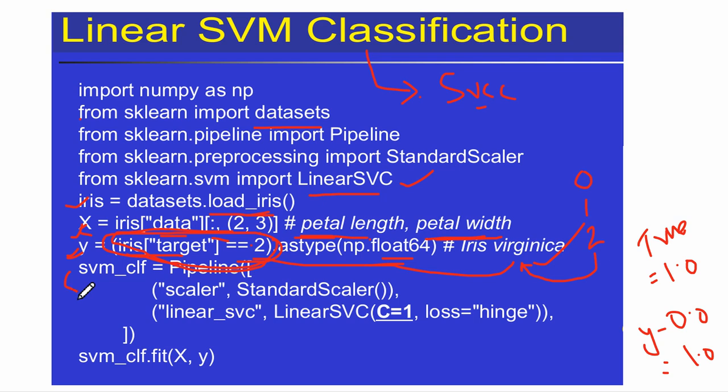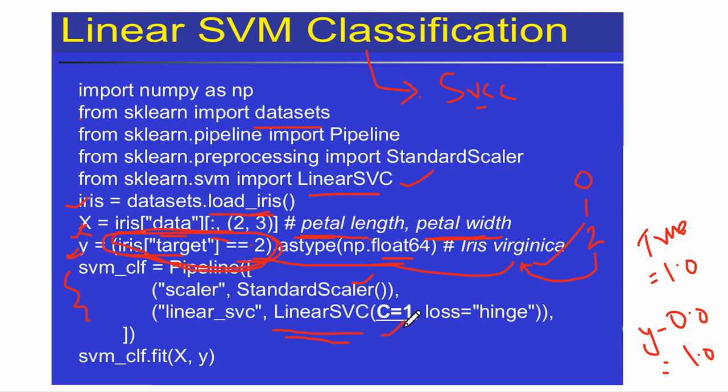Now here I am creating one pipeline. In that pipeline I am using the StandardScaler function, whose main purpose is standardizing the data. To build the model, I am using the LinearSVC function, which is used to build a model for the linear SVM classifier.